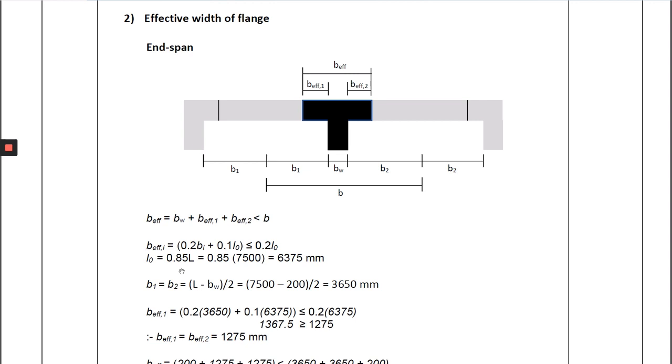When your flange is located at the end span, L naught is equal to 0.85 L. So that's why I'm using this value.